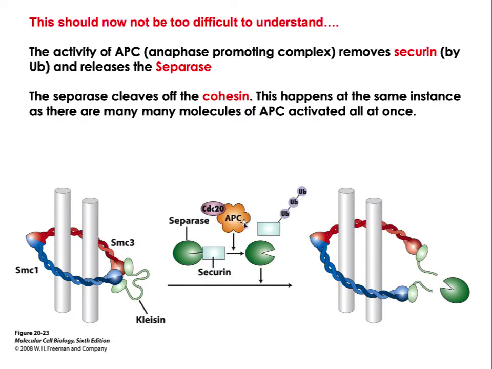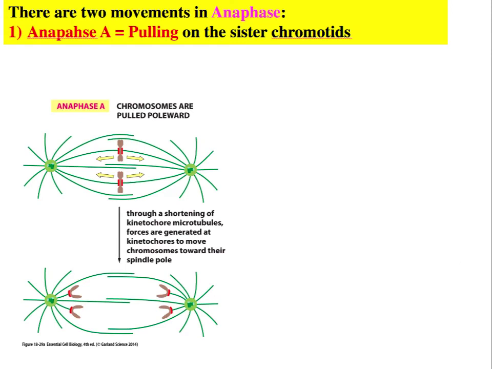So the APC, one of its jobs is to add ubiquitin to securin. The presence of ubiquitin drives securin to be destroyed in the proteasome, therefore releasing separase to go and cut the cohesin.